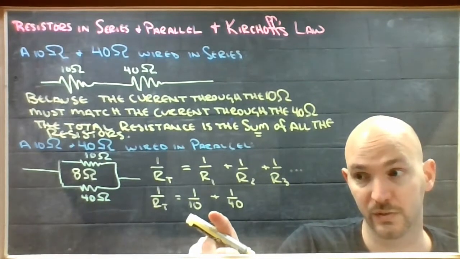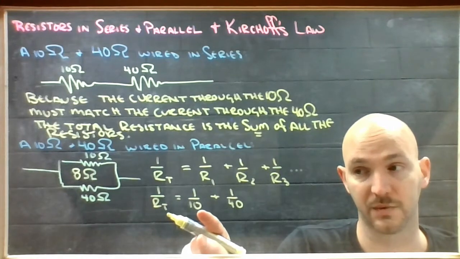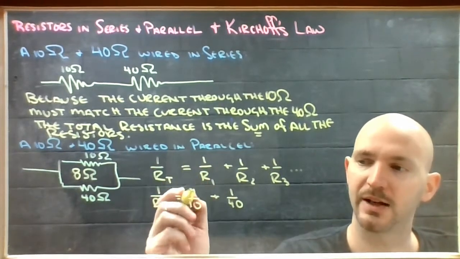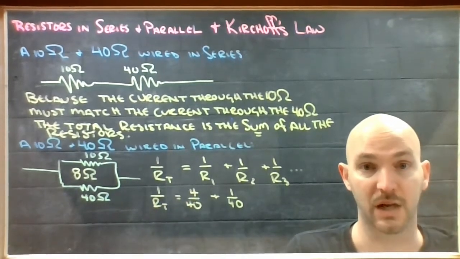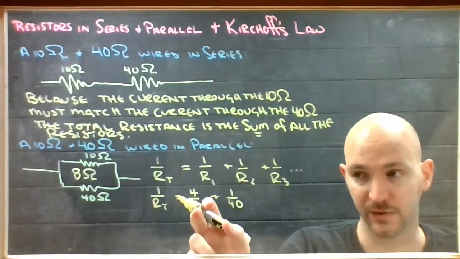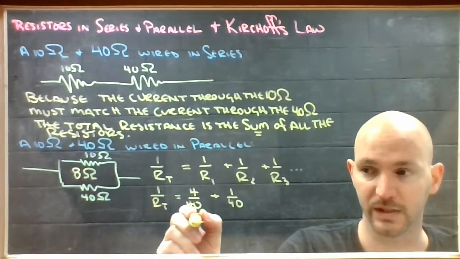So if you're trying to do fractions, you can't add two fractions unless you have a common denominator. So I see 40 here and I see 10 there. I could make this a 40 if I quadrupled both the top and the bottom. Now that they have matching denominators, 4 40ths and 1 40th add up to 5 40ths.